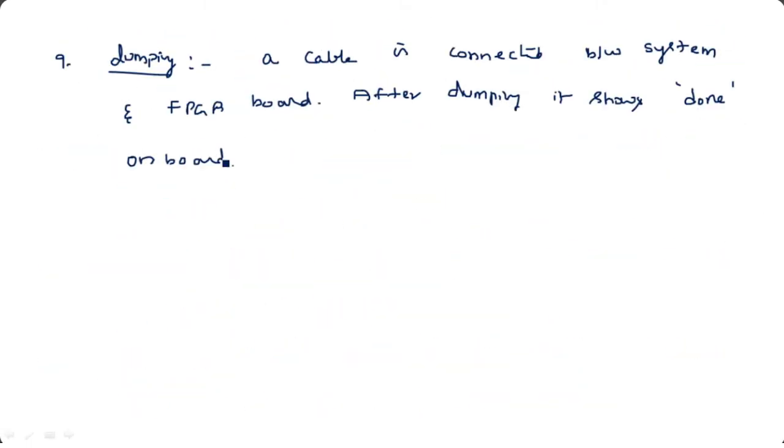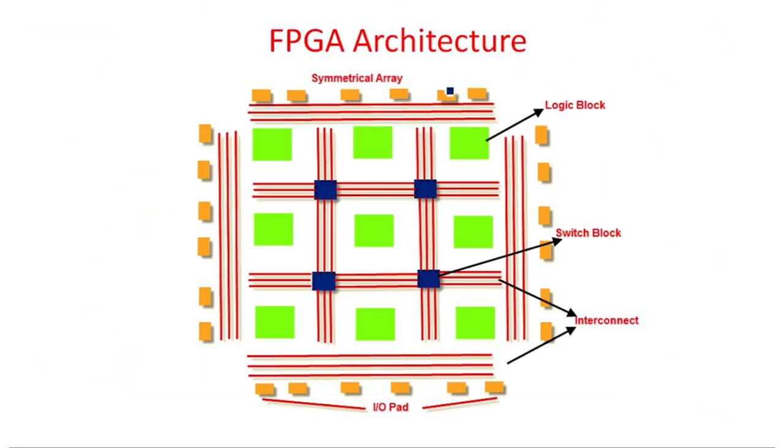Coming to the architecture of FPGA. So this is the architecture of FPGA. Basically it consists of IO pads, these are the interconnects, these are the switch blocks, and this is a logic block. Why are these IO blocks connected on all sides? Suppose this is my FPGA.